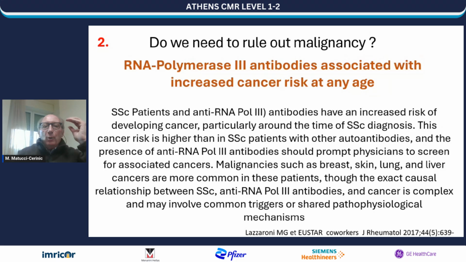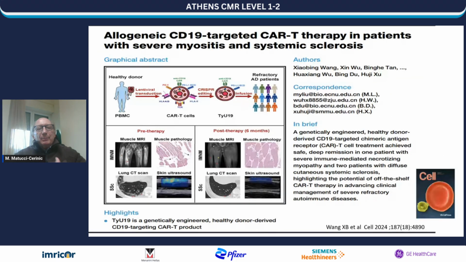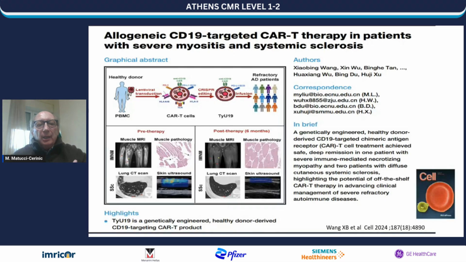However, it's not only the antibody, because when we have the presence of the antibodies plus the myositis, moreover, we should do the investigation about cancer, because in particular now we are trying to use immunosuppressive treatments.